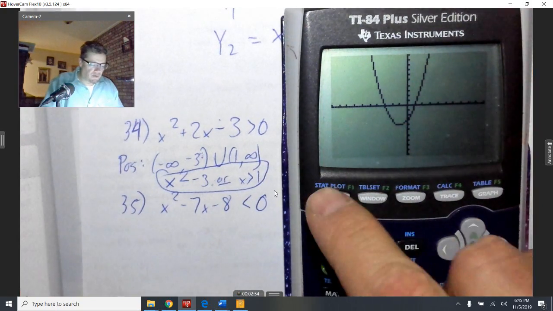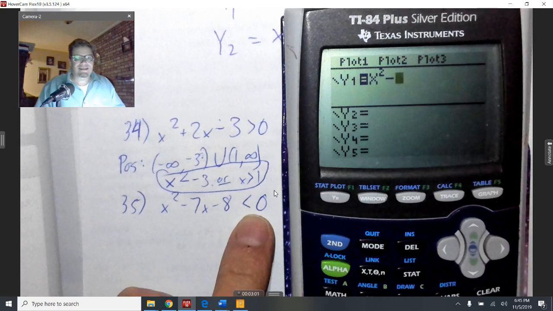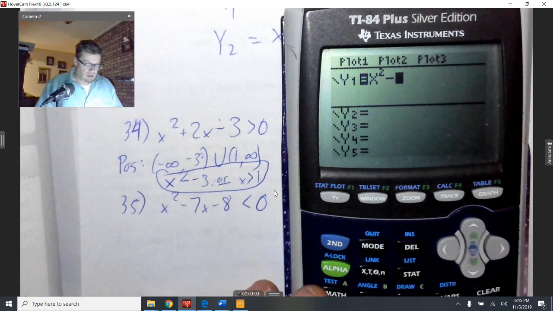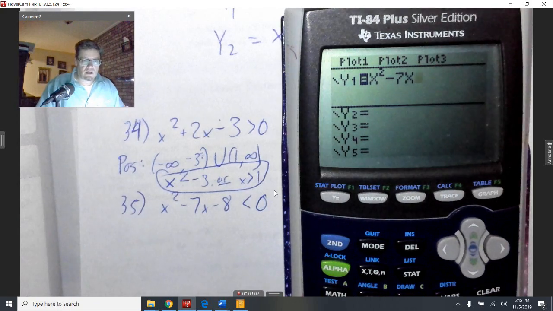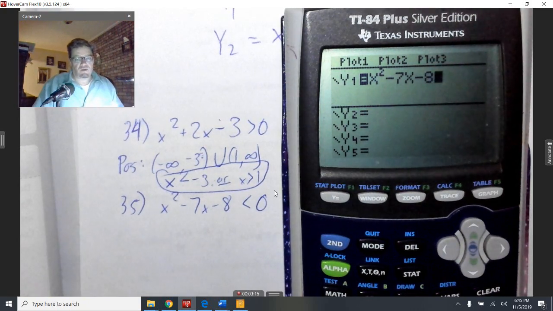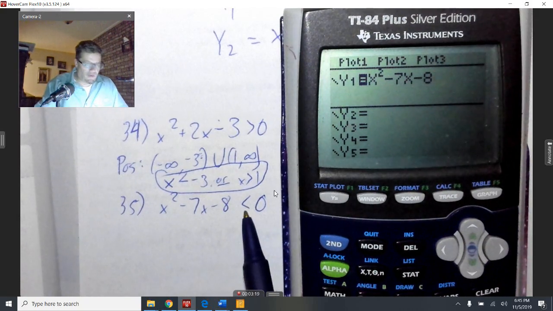All right, so for 35, I'm going to switch it now. What I'm looking for is those things that are less than 0. If you forget which direction the less than or greater than sign is, you need to work at it because it's crucial here. If you can't figure out a mnemonic to help you memorize it, right? This is pointing to the negative numbers, so it must be less.